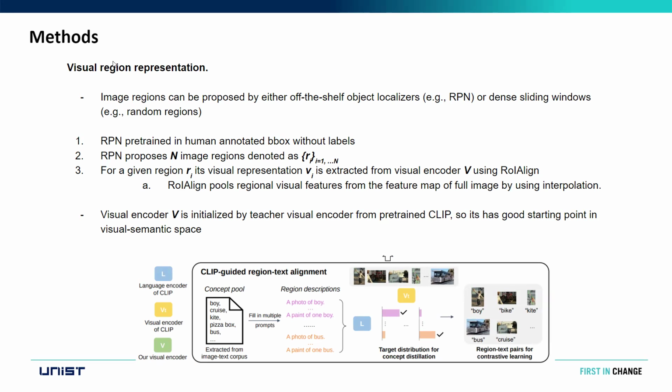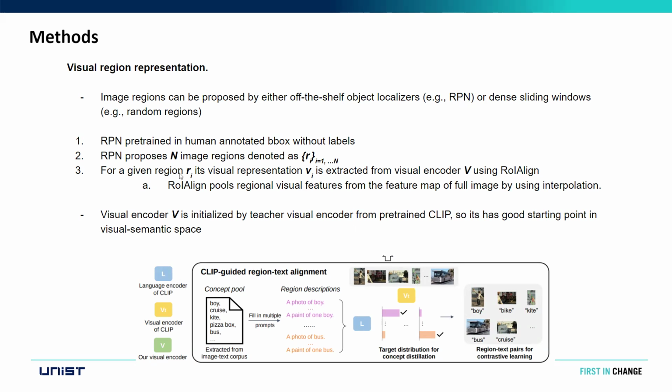Okay, for the visual region representation, how do they get these image regions? Image regions can be proposed by object localizers such as RPN or dense sliding windows, so random regions. In this paper, they use an RPN pre-trained on human annotated bounding boxes without labels. The RPN proposes n image regions denoted as R_I.